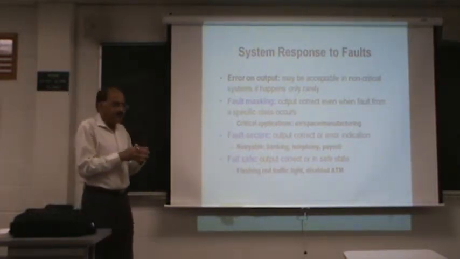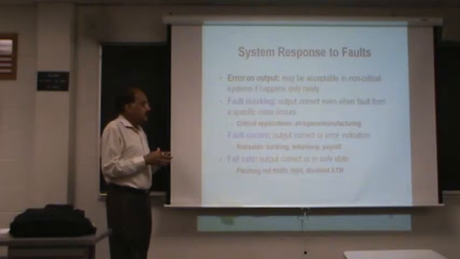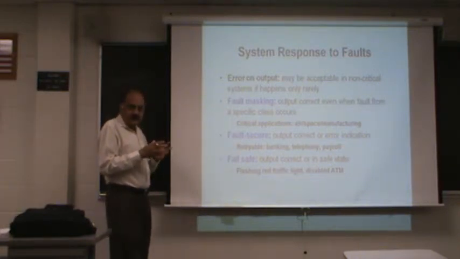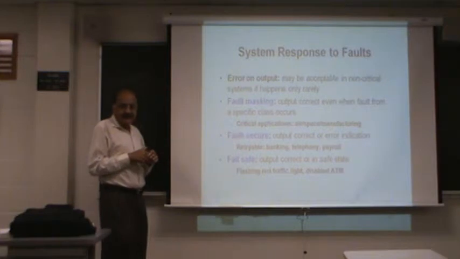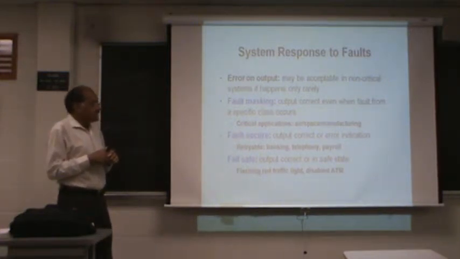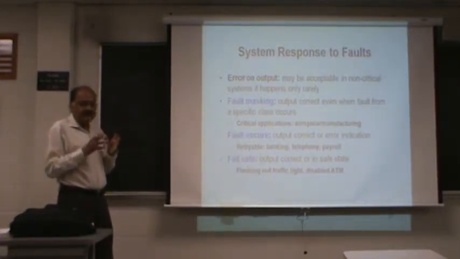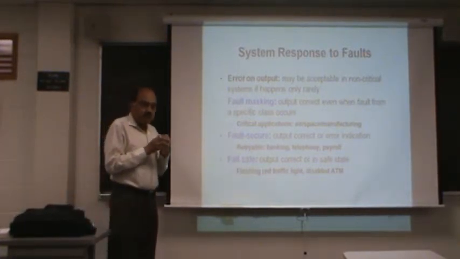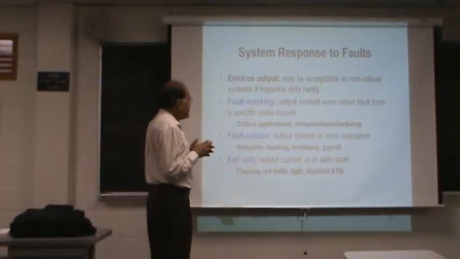So if there is an error, you want a correct output, even though internally there is some disagreement, there are some errors. Also in space and in manufacturing, sometimes there is enough redundancy to basically mask the effect of the fault.